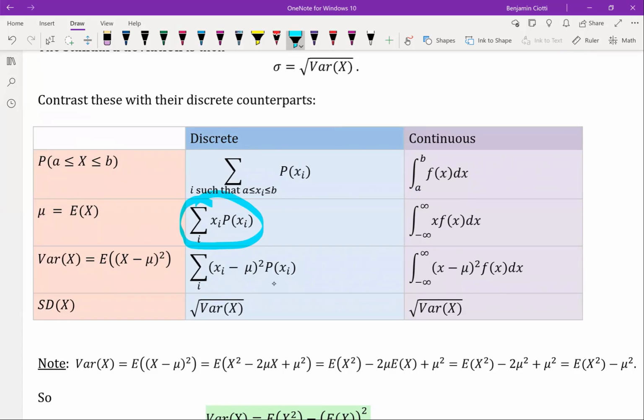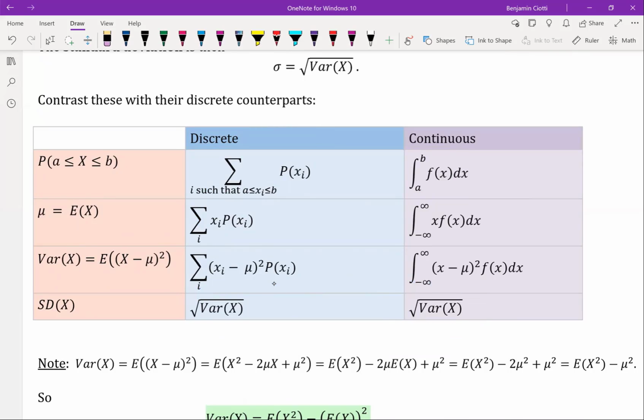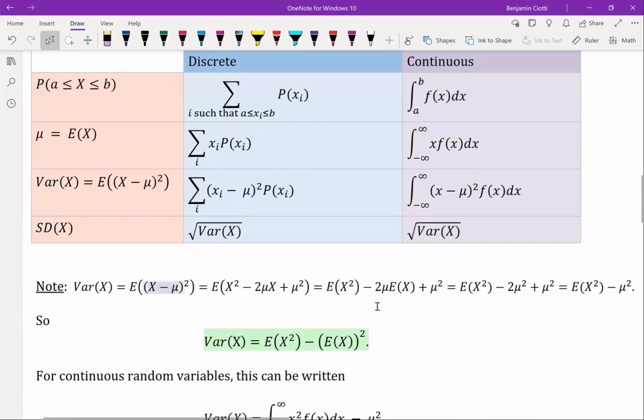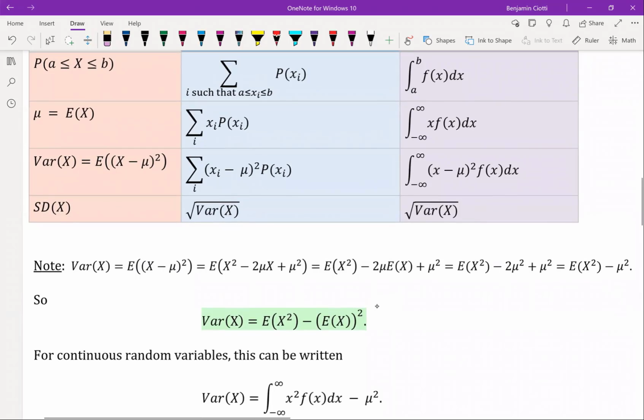Similarly, this sum in the discrete case, kind of imagine that it becomes an integral like that. And similarly here, so the sums turn into integrals. The formulas for the variance, or for the standard deviation, are the same, at least as they relate to the variance. So here's an important calculation that will come in handy, will be used many times.